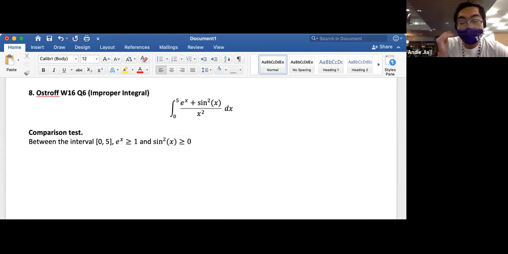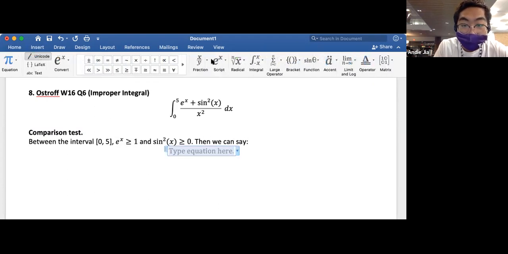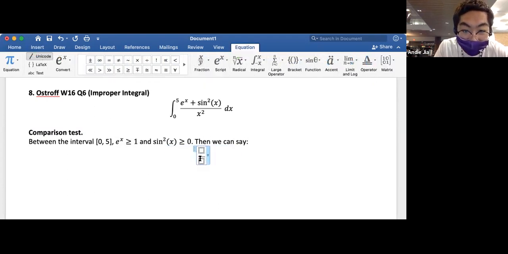Then we can say that the square root of e to the x plus sine squared of x is greater than 1 over x squared.